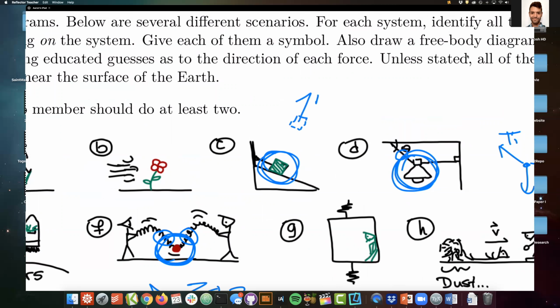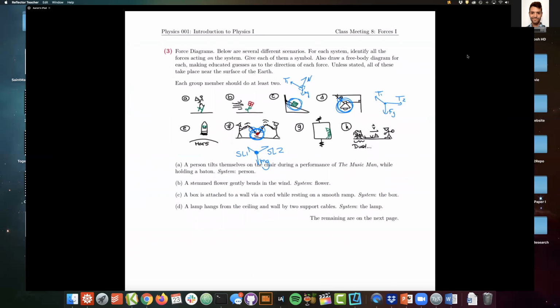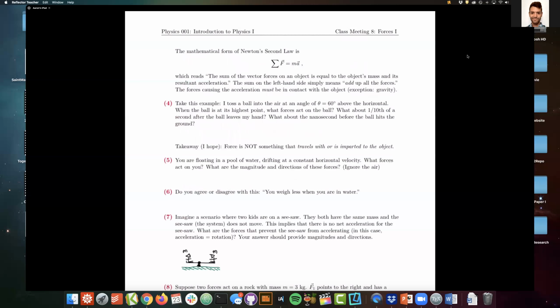So there's a force from the ramp or from the surface of the ramp. It is also touching the string, so there's some tension from that string. And then there is gravity pulling down. Then I think these are all the same, yes.